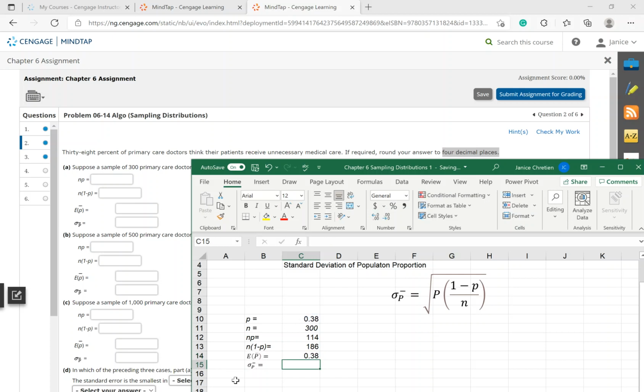And then my standard deviation of my population proportion is where I'll plug this formula in. So I'm going to say equals the square root of P times 1 minus P divided by N.